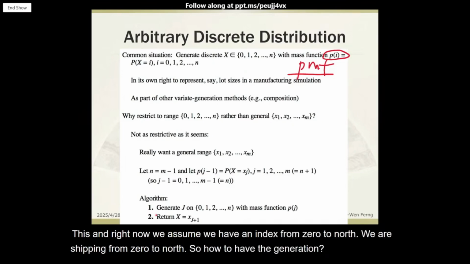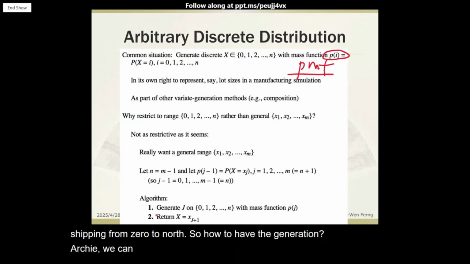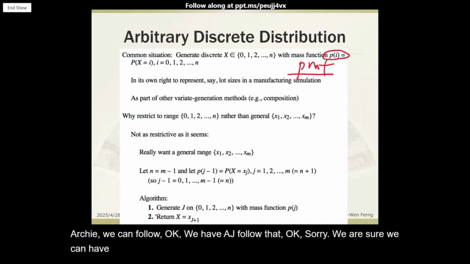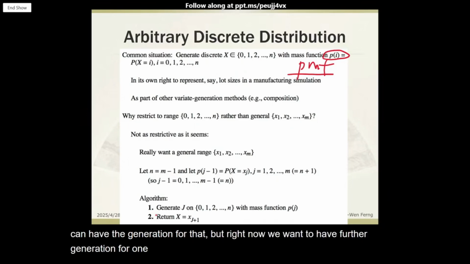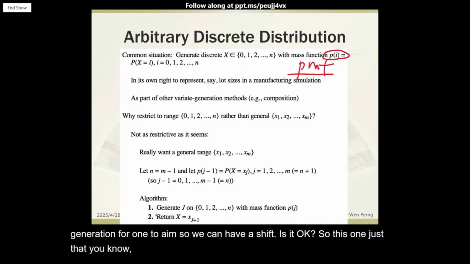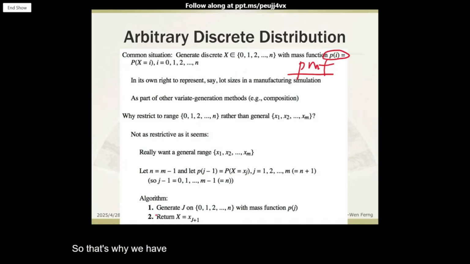We assume we can have the generation for that, but right now, we want to have the generation for 1 to m. So we can have a shift, is it okay? So this one, just let you know, we have a shift. So that's why we have the shifted version.